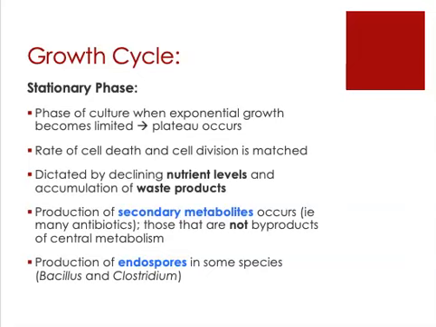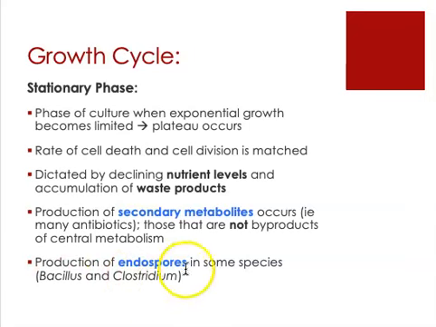So if they're able to use alternative metabolic pathways, they will at this point. And that means they're going to start producing what are called secondary metabolites. For example, there are bacteria that are capable of making antibiotics, just like there are fungi that are capable of making antibiotics. And it's during the stationary phase that they often start to do this.